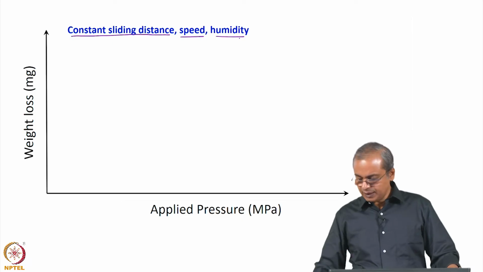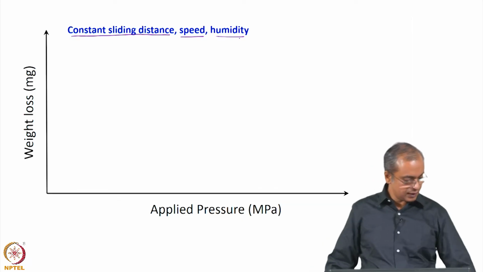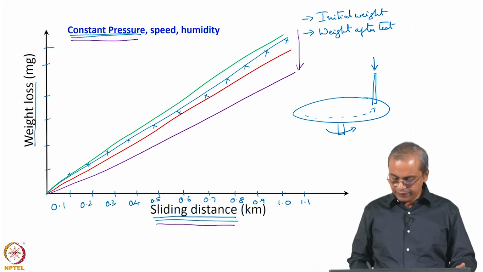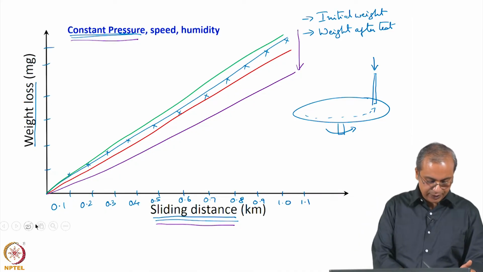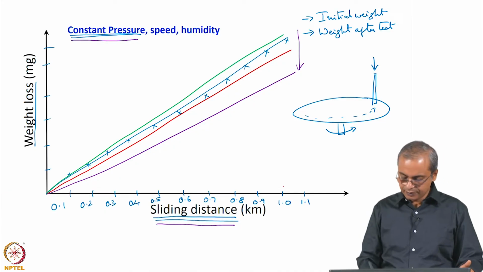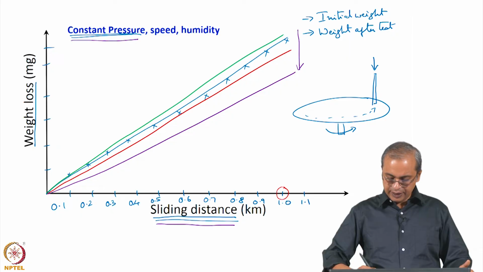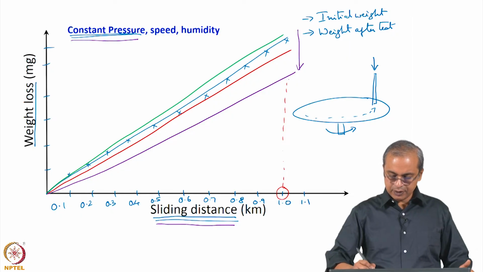In other words, if you go back to this curve here, it is like saying that you are always travelling 1 kilometer distance. So, you let the test run for the same amount of time, and at that distance you see for the different samples what is the weight loss.